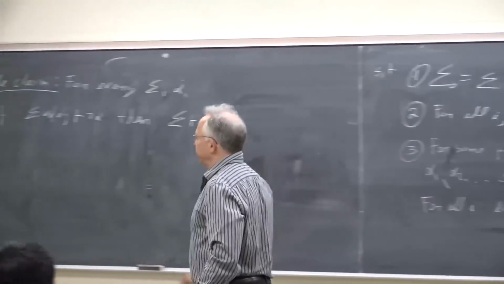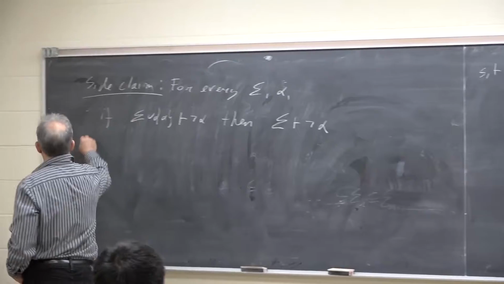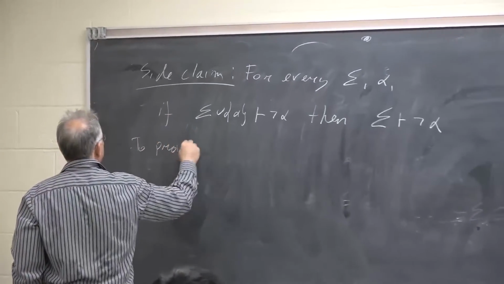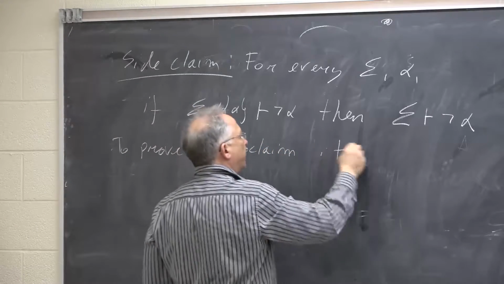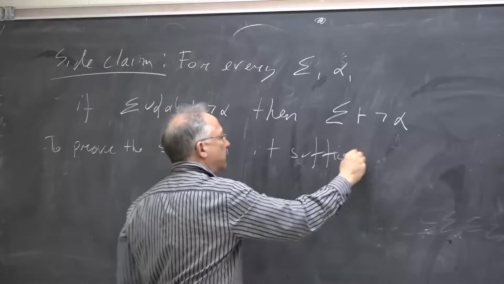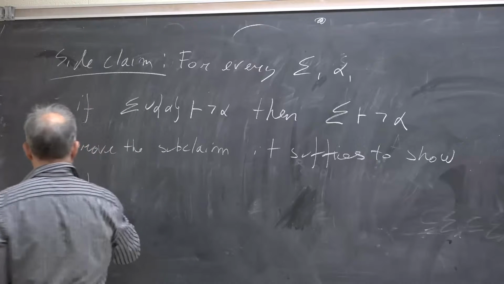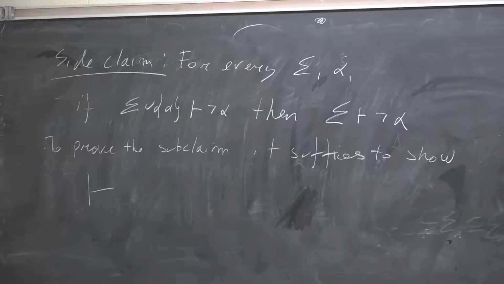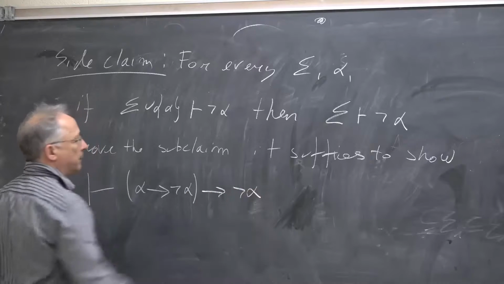Now, to show the claim, I will only reduce it to a statement about formal proofs. To prove the subclaim, it suffices to show that we can prove from our proof system that if alpha arrows not alpha, then not alpha.